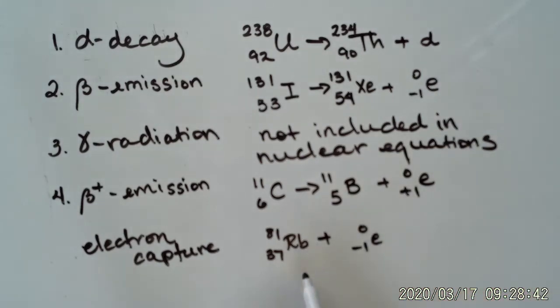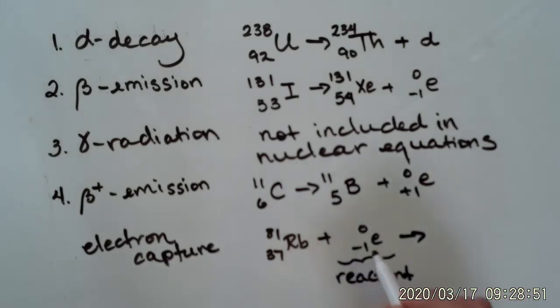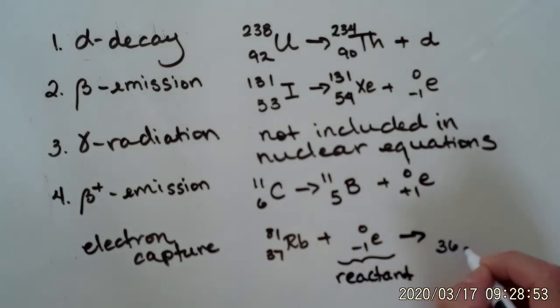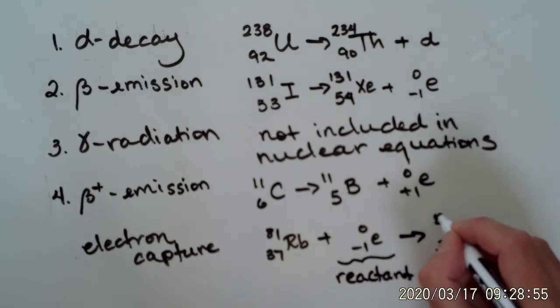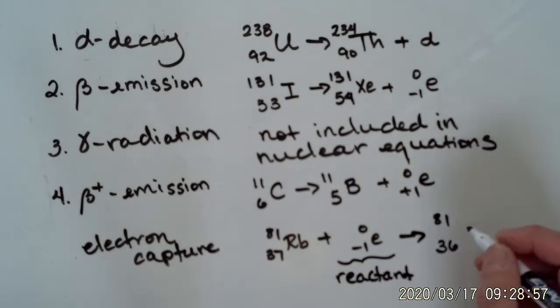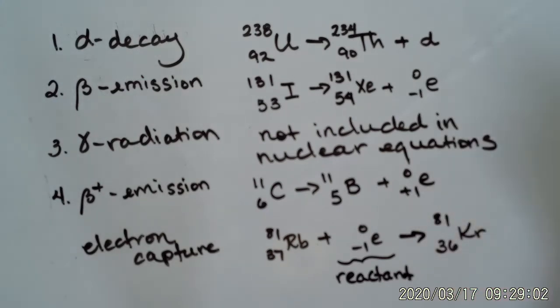So because it's a capture, notice this is on the reactant side. And what we form, 36, 81, is we get krypton 81. So, in general, let's talk about what these will produce.